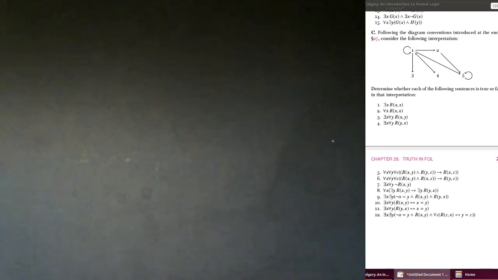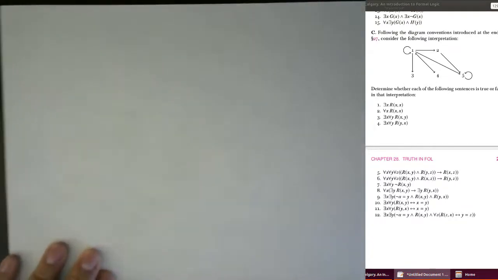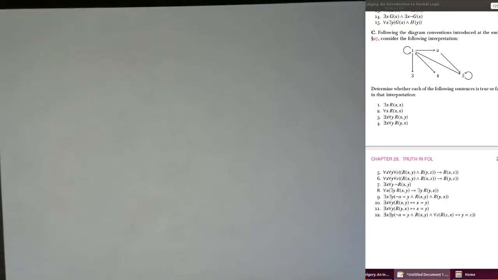Now that you're starting to see the flavor of this stuff, it's kind of interesting, because we're now getting into the case where we're seeing things that we recognize from mathematics. I mean, the transitive property: if A is less than B and B is less than C, then A is less than C. You've seen that before. You've used it. We're just calling less than R instead of less than.